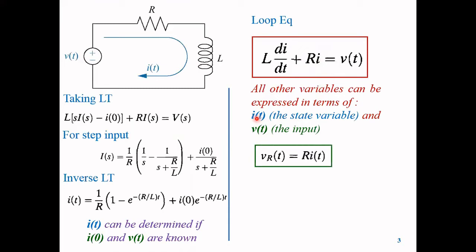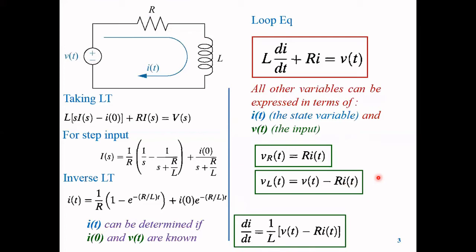So the voltage across the resistance is equal to R I(t), and the voltage across the inductance is equal to the input voltage minus the voltage drop across this resistance. So from here we get the first order derivative will be equal to the input minus this term R over L I. L will be taken common, so like this.